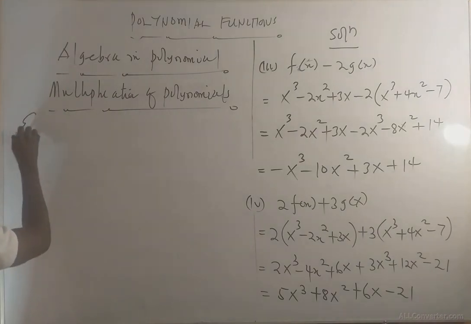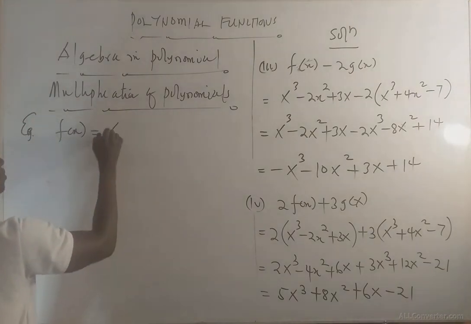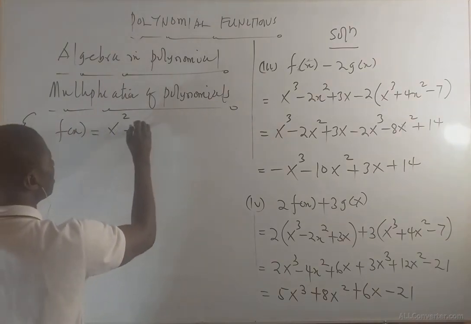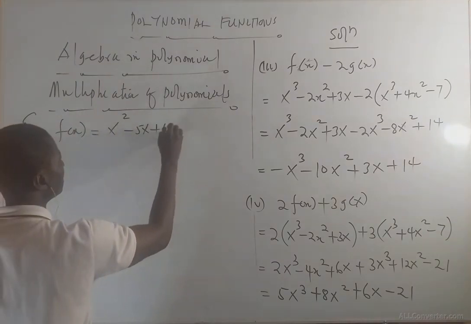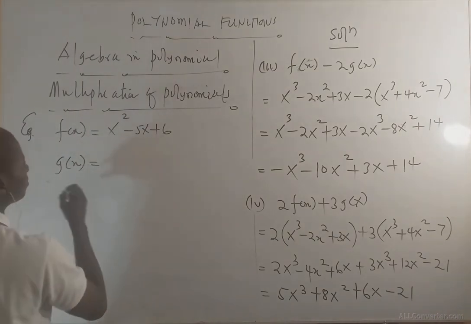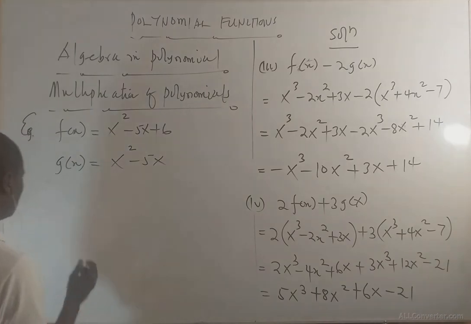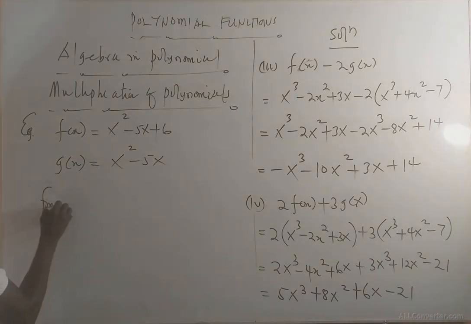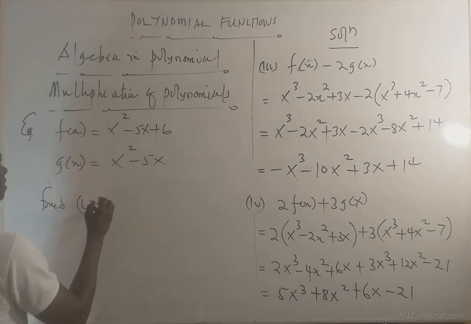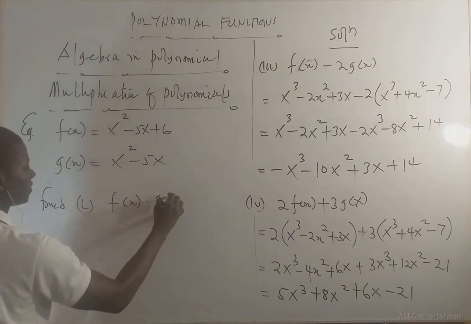So we are also going to take an example. Let's say f of x is equal to x squared minus 5x plus 6. Then g of x is equal to x squared minus 5x. And we have to find, let's say I, f of x dot g of x.